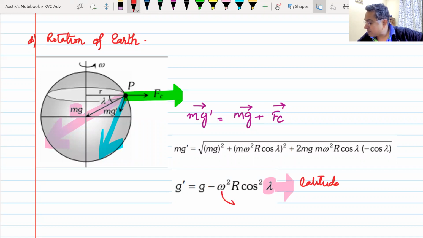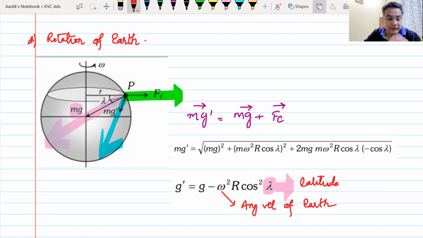This omega is the angular velocity of rotation of Earth, and this becomes the formula for the variation of g because of rotation of Earth.